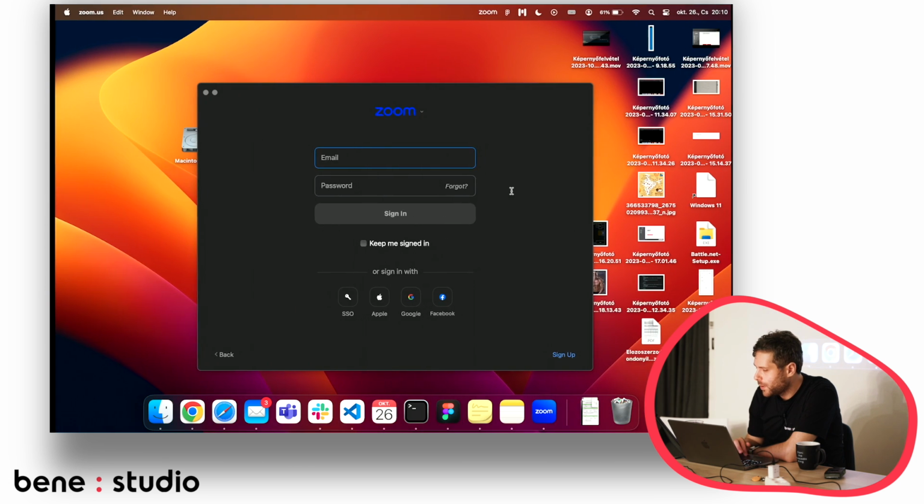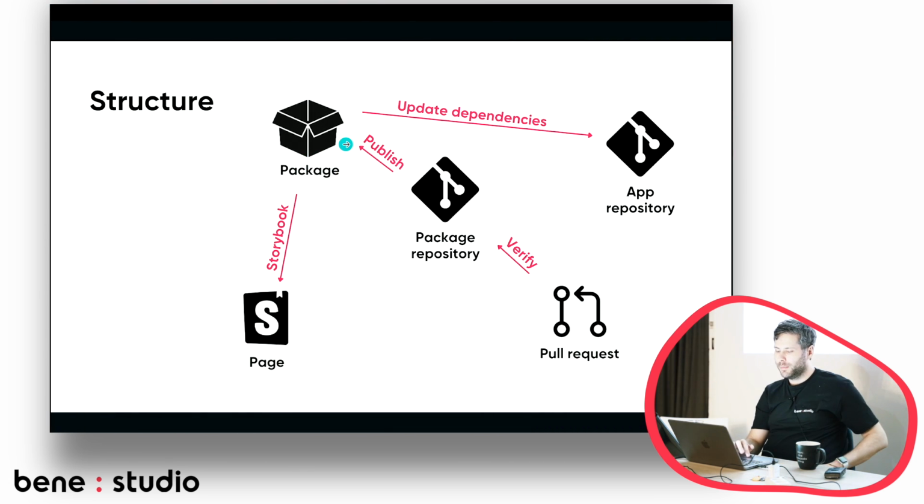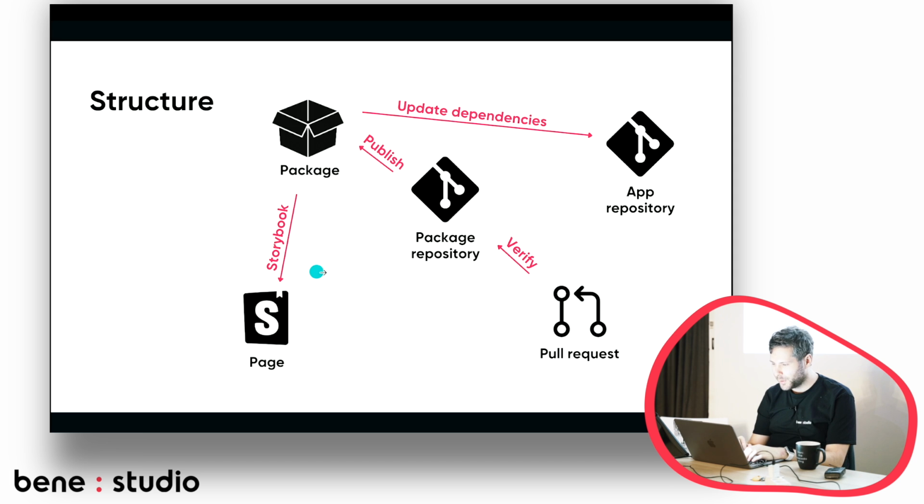So what we will continue with is, after we publish the package and call the update dependencies, we will create a page for the Storybook so that other team members can check the Storybook, how it works.